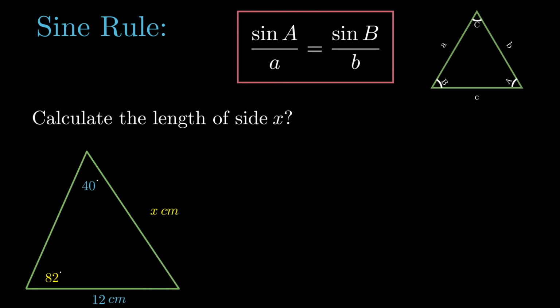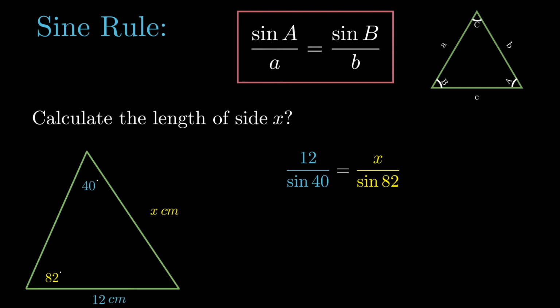As we are trying to calculate a length, we're going to flip the formula so it's easier. So we'll have a over sine A is equal to b over sine B. We can label angle 82 degrees as angle B, and opposite 82 is x, so that will be side b. Angle A is 40 degrees, and opposite 40 degrees is 12, so that's side a.